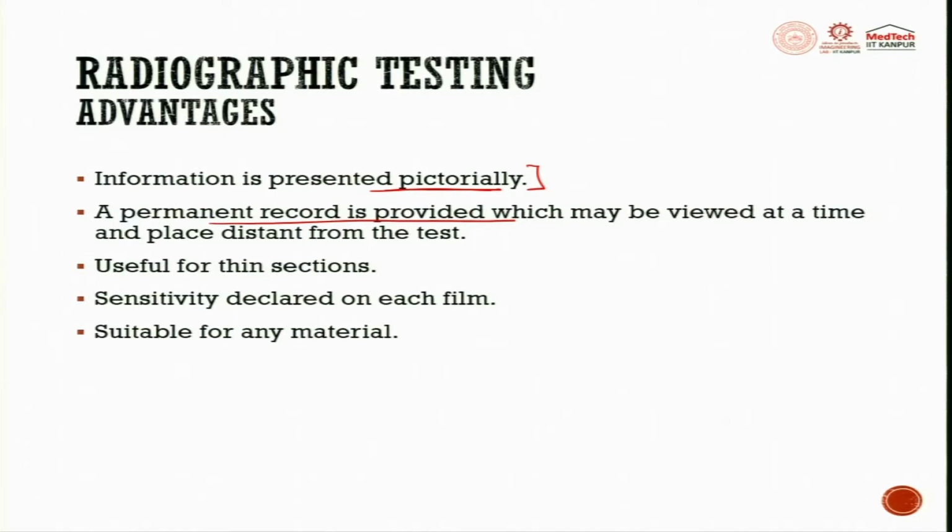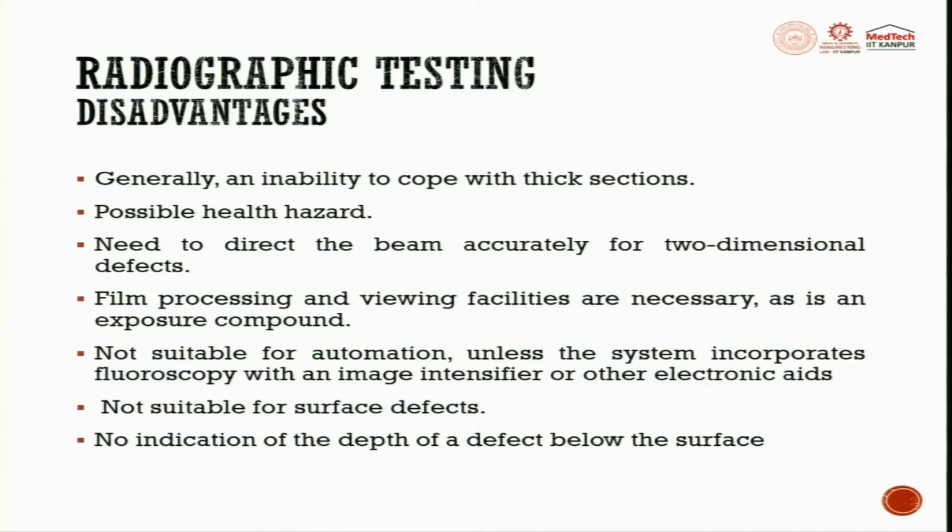It is useful for thin sections, and sensitivity is declared on each film. It is suitable for any material, irrespective of ferromagnetic, paramagnetic or non-ferromagnetic, plastic. It can be applied to any material. But still, there are certain disadvantages, that is, it has an inability to cope with thick sections.